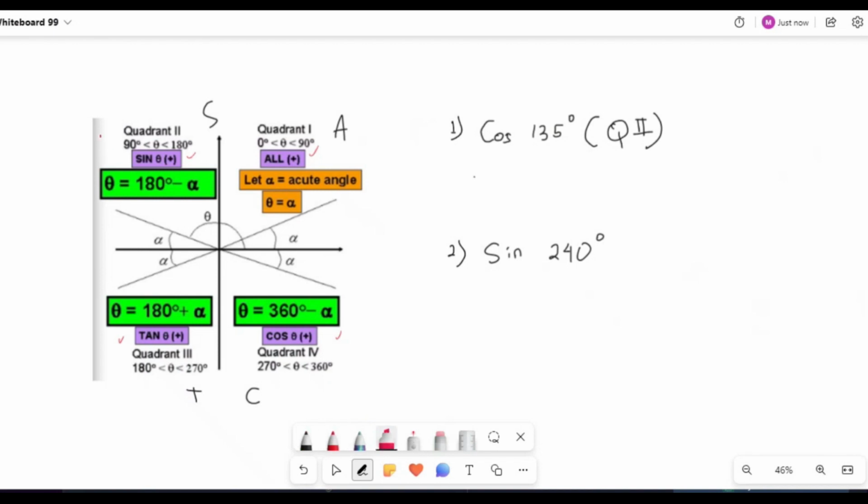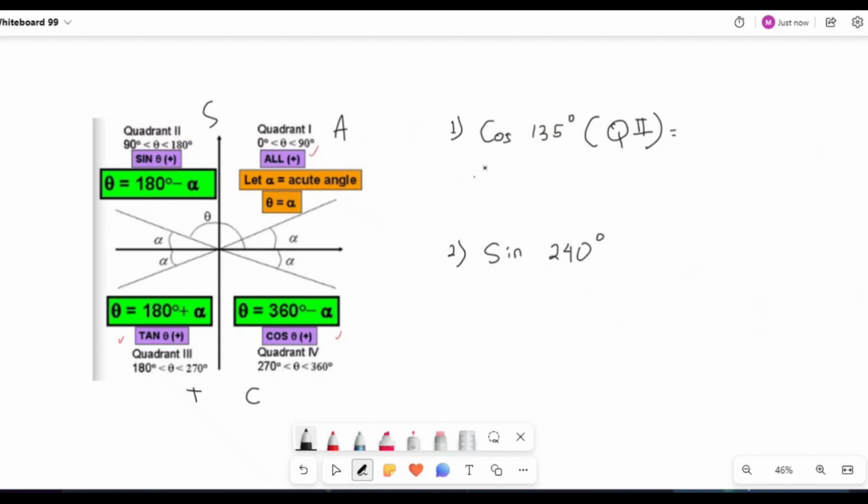Okay, it's going to be in quadrant 2. Clear? Because it's in quadrant 2, we know that we need to use this formula, cos 180 minus alpha.